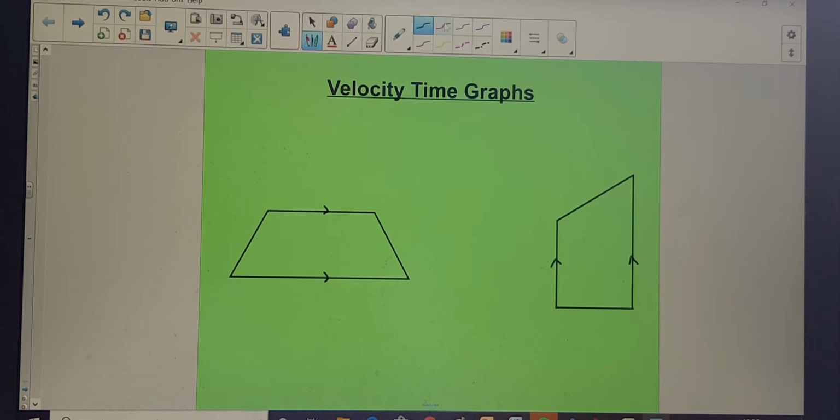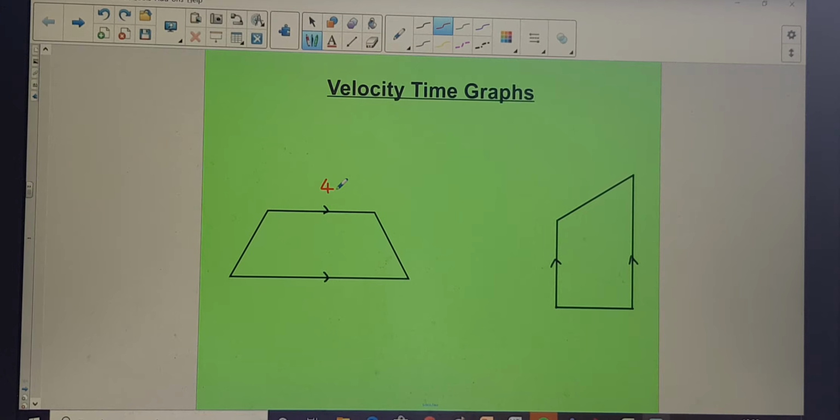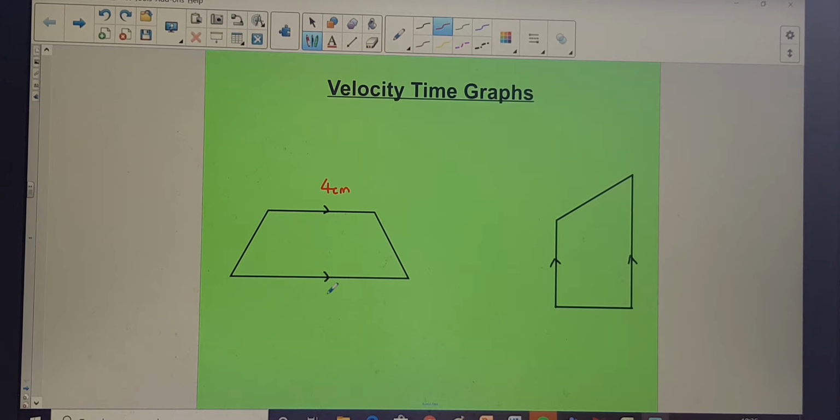To work out the area of a trapezium, let's just make up some numbers. Say this was 4 centimeters, this was 6 centimeters, and the perpendicular height, straight up, was 3 centimeters.